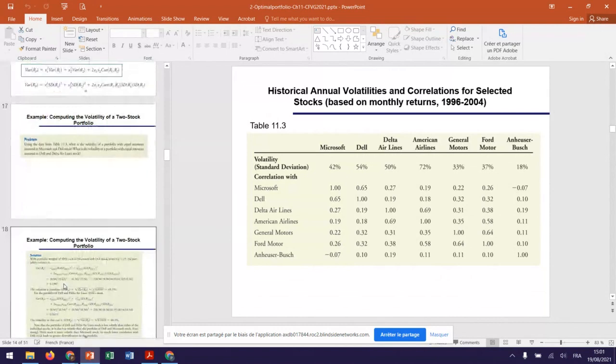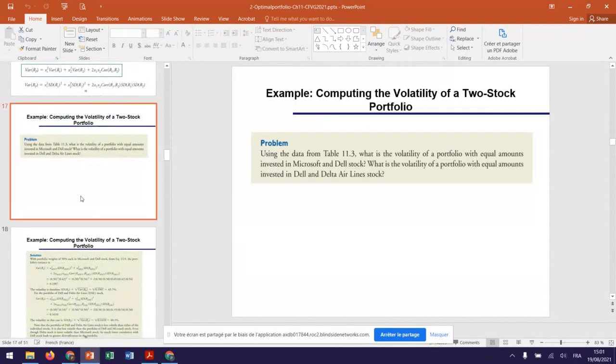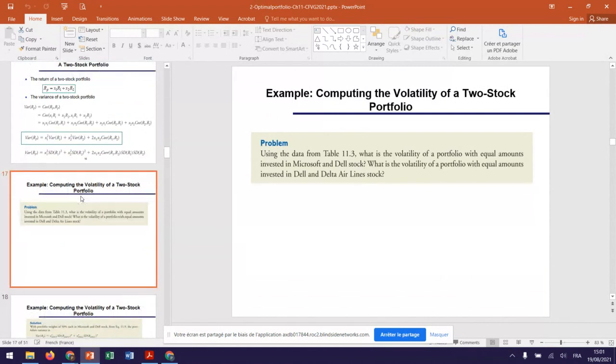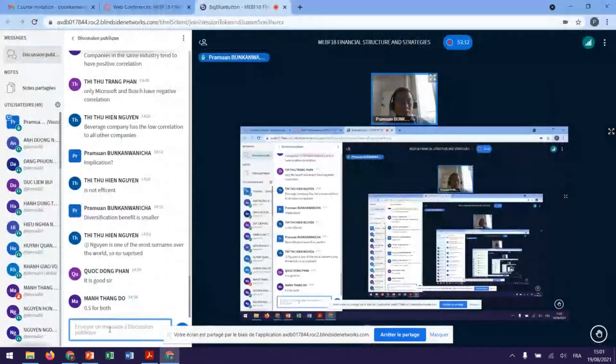Shall we go? Let's start by looking at the portfolio with an equal amount invested in Microsoft and Dell stock. What does this mean? Equal amount means that X1 is equal to 50% and X2 is equal to 50%, where X1 is Microsoft and X2 is Dell. When we say equal weighted or equal amount investment, it means 50% and 50%, so 0.5 for both.